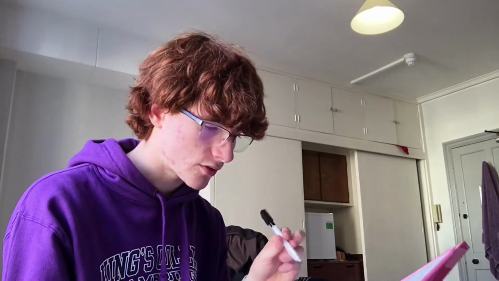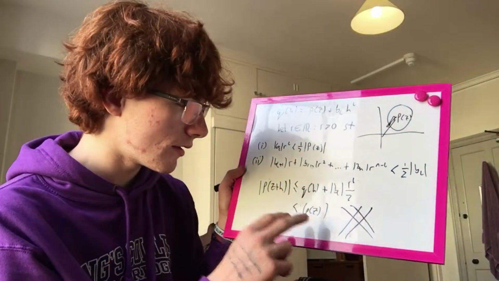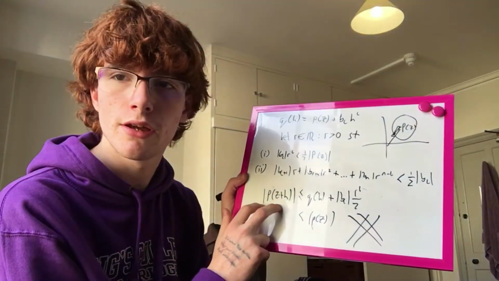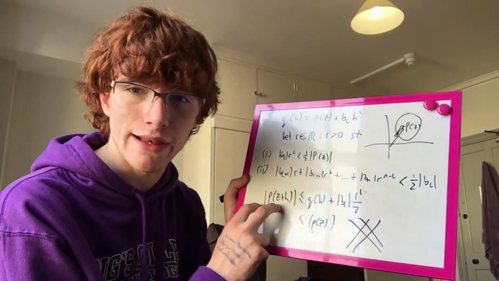But P of Z plus H is the minimized absolute value of the polynomial P. So it's a contradiction that this P of Z is bigger than this P of Z plus H, which means that this is actually the minimized value.